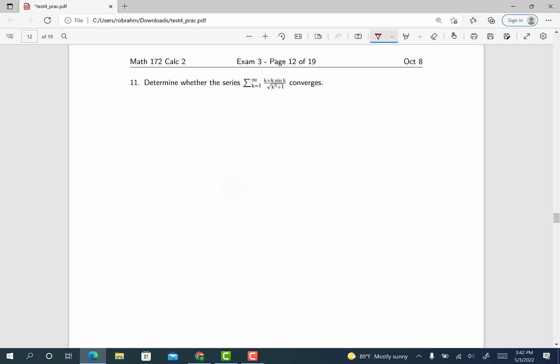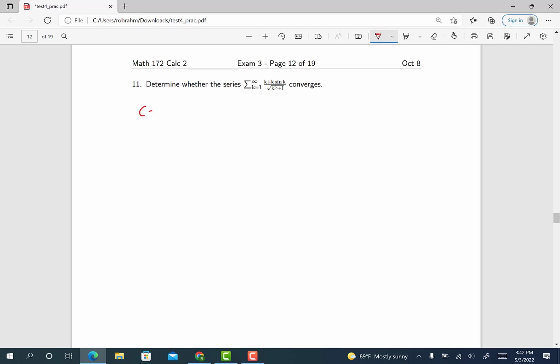So I'm thinking that I want to somehow, I don't know how yet, compare with k over the square root of k to the power of 5 plus 1. This is k over k to the 5 halves. So this is going to be 1 over k to the 3 halves. And since the series with terms 1 over k to the 3 halves converges, I think this is also going to converge.